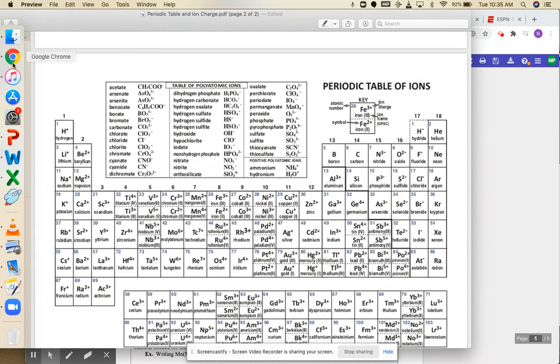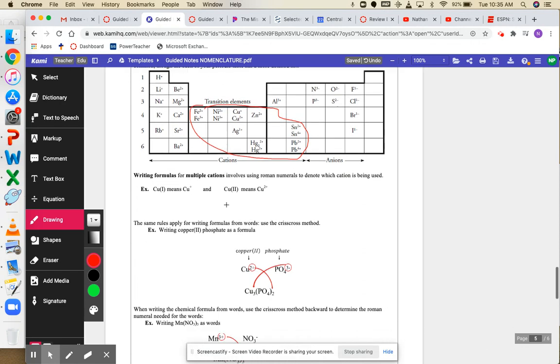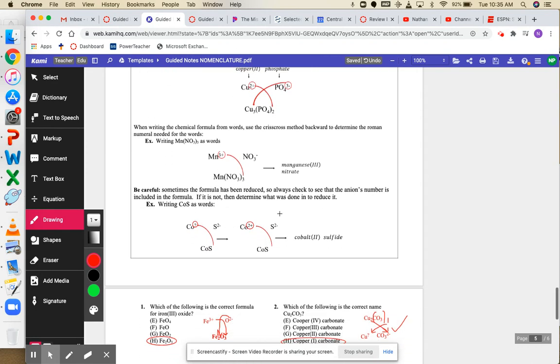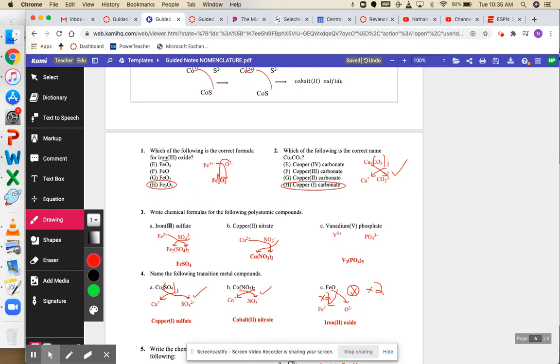So the problem is you don't know which one it is. So the problem will tell you by doing some sort of parentheses. That is 1 plus, that is 2 plus, and then all the other rules apply. So for instance, if I've got iron(III) oxide, that means it's iron 3 plus, and that's what I switch, Fe2O3.